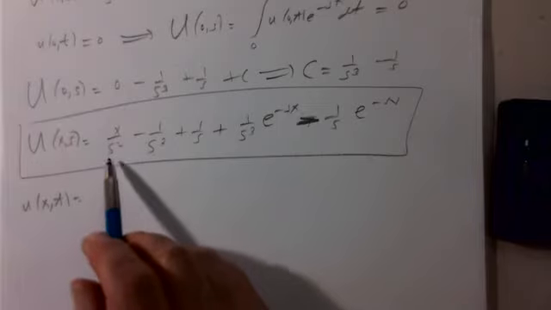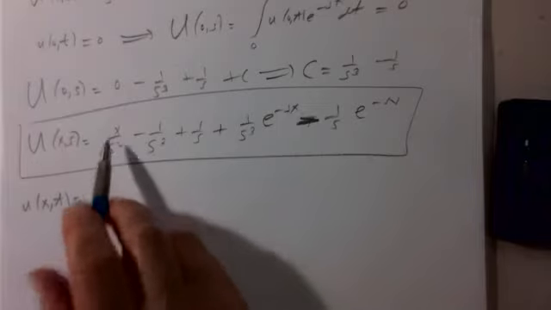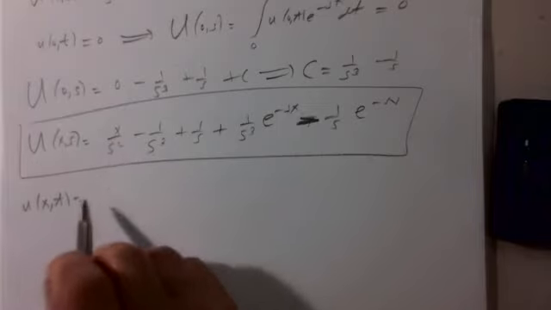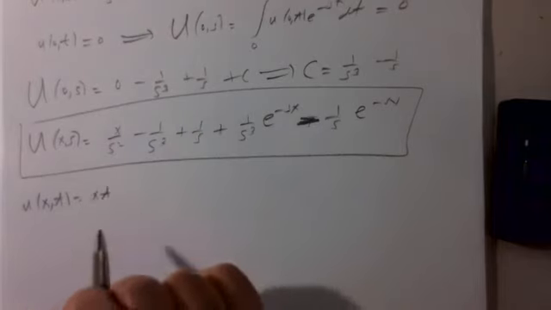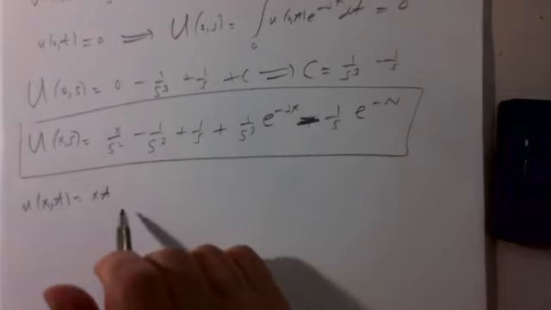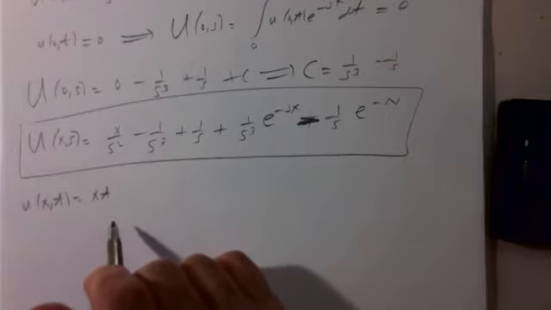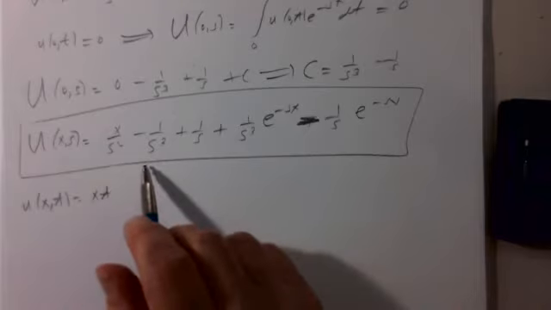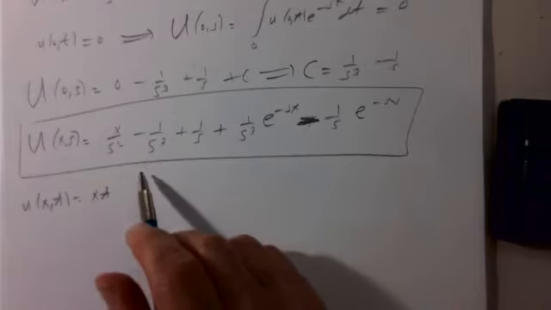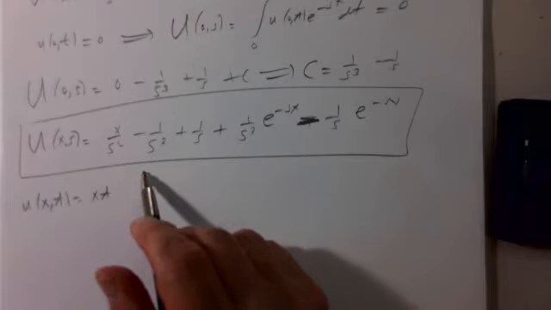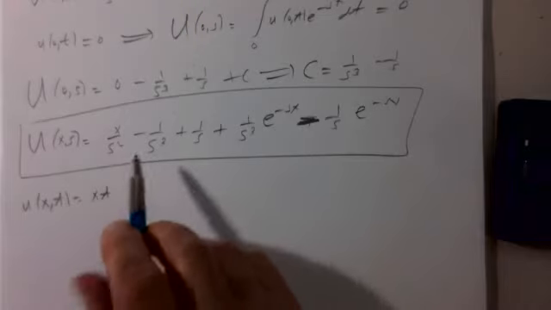The Laplace transform of t is 1 over s squared. So x over s squared is the Laplace transform of xt. One over s cubed. Well, what is that?